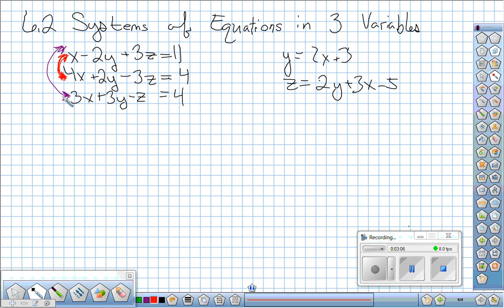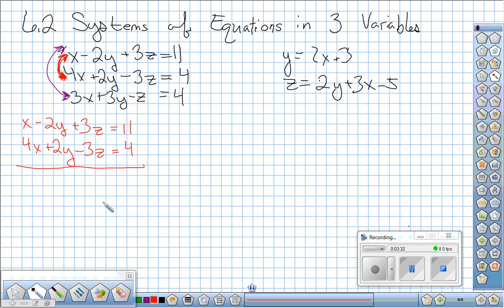So in red, I'm going to rewrite x minus 2y plus 3z equals 11, and 4x plus 2y minus 3z equals 4. If I just add these right now, I can get rid of 2 separate variables.